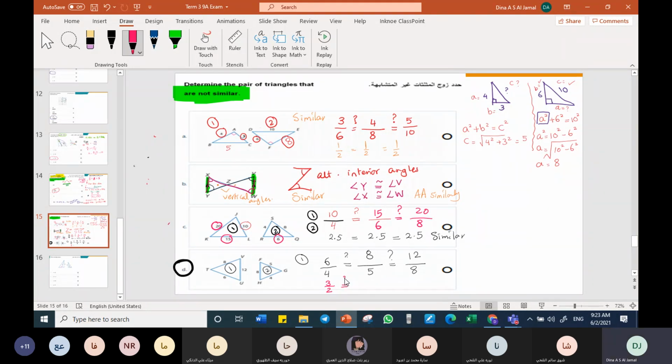Hurry up, ladies. 8 over 5. 12 over 8. Now, are they equal to each other? 1.5.